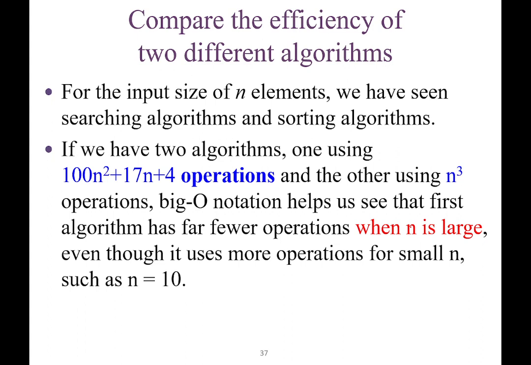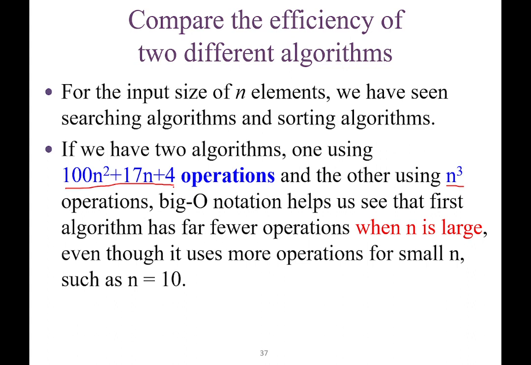Okay, in this case, we can see the input size of n elements. Then we can have two different algorithms: one uses 100n squared plus 17n plus 4 operations, and the other only has n to the power of 3 operations. So based on the input size n, you can see we have two different numbers of operations for two different algorithms.